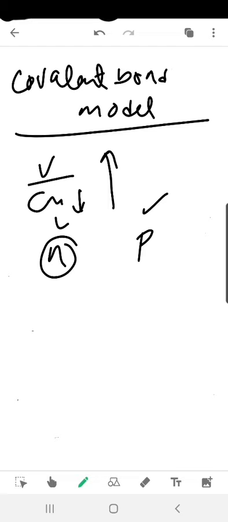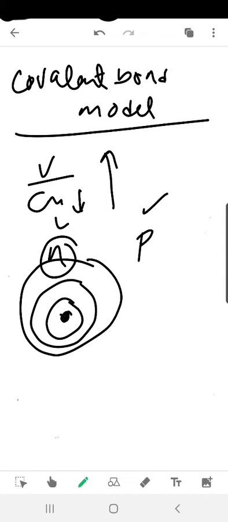This high electric field will free the electrons from their atoms, because we know that every atom has a nucleus and electrons in the outermost shell. These electrons are bound to the atom by a force of attraction between nucleus and electron.